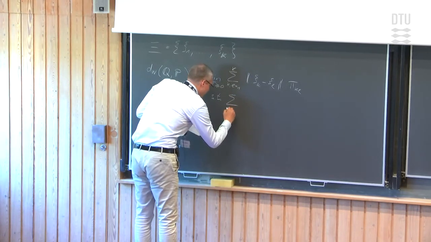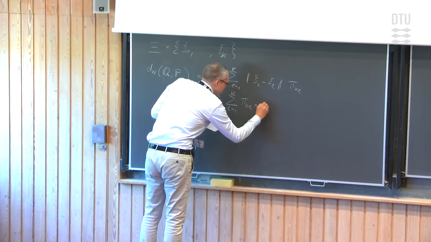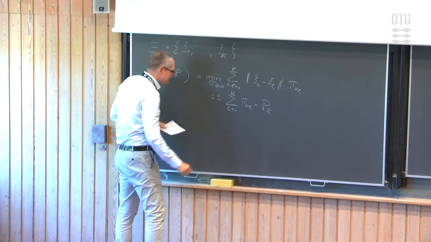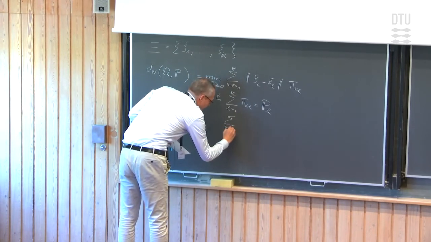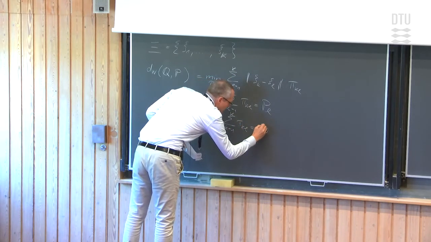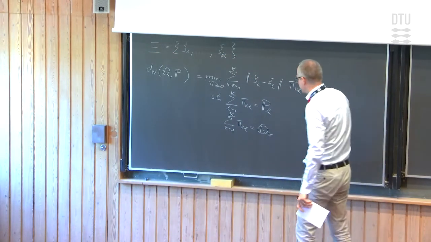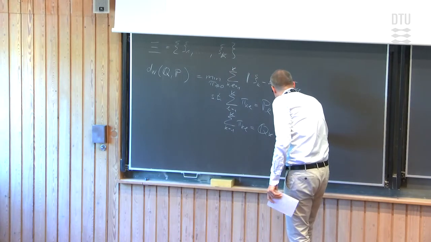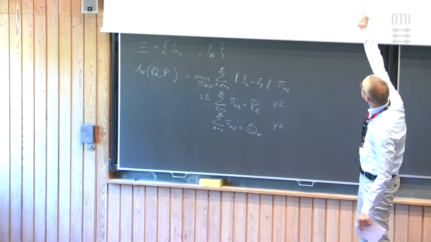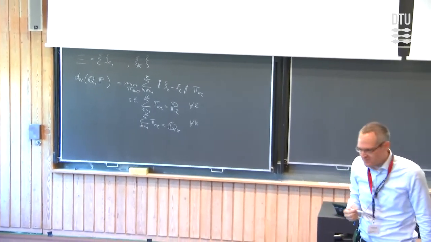The sum from L equals 1 to capital K of pi k L is equal to the probability that the distribution P assigns to scenario L. And the other condition is that the sum from K equals 1 to capital K of pi k L needs to be equal to Q K. So that's the probability that the distribution Q assigns to scenario K. That needs to hold for every L, and that needs to hold for every K. Okay, so that here is the optimization problem that defines the Wasserstein metric in the case of discrete random variables.